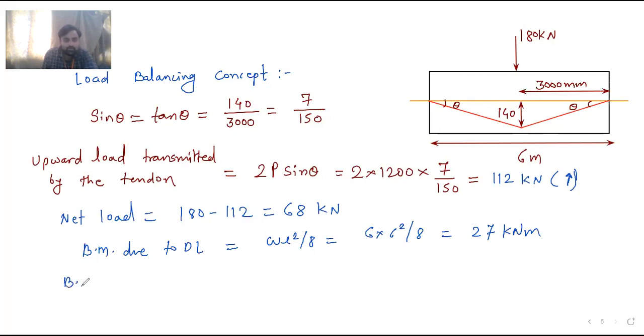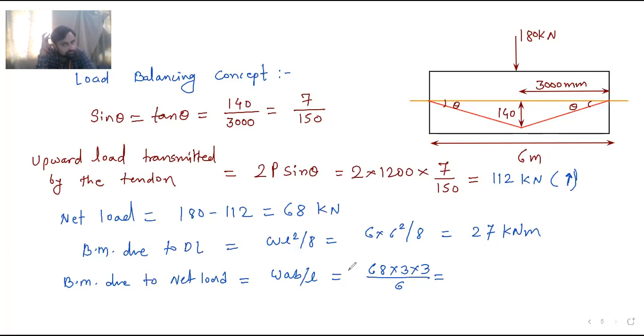Okay, and then bending moment due to net load. This is our ML. Point load is there. So WAB by L, which is equal to 68 into 3 into 3 divided by 6. What is the answer? 102. 102.